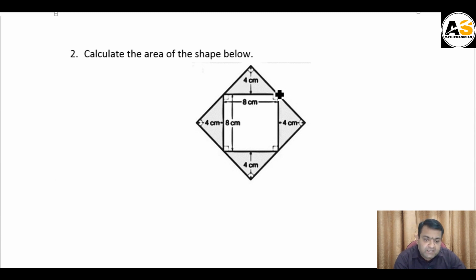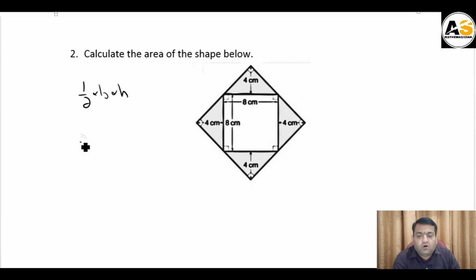What is the area of this triangle? The area of a triangle is equal to half of base into height. This we will learn in the next lesson as well. This is the base. What is the length of the base? 8 centimeter. And what is its height? 4 centimeter.